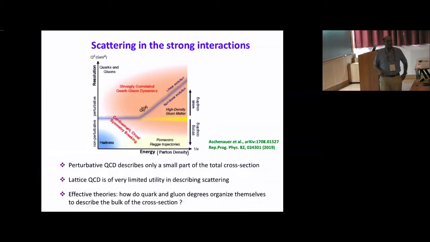Effective theories work in different regimes, and that's one big way to make progress, and a lot of the rest of my talk is going to be about a particular effective theory. But again, there are questions about how to use these effective theories in a way that you can actually learn something fundamental about the strong interactions.